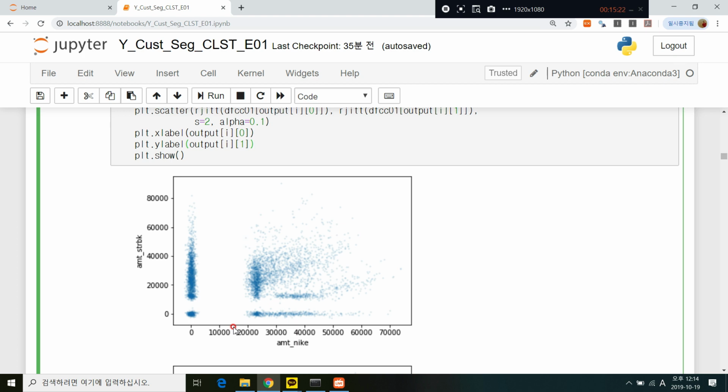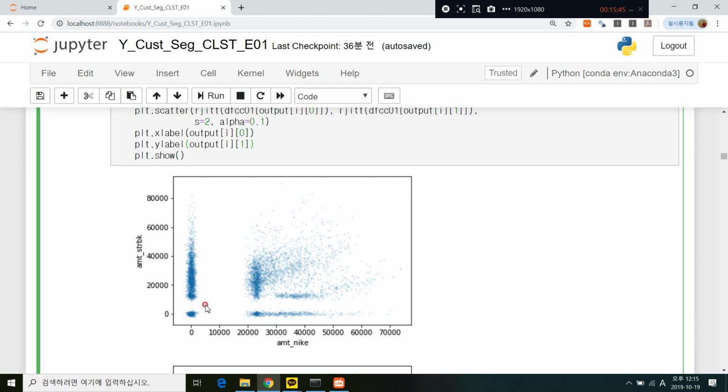Let's take a look at the patterns here. A lot of guys do not even buy Starbucks, and their amount of Nike is 2 or 0.